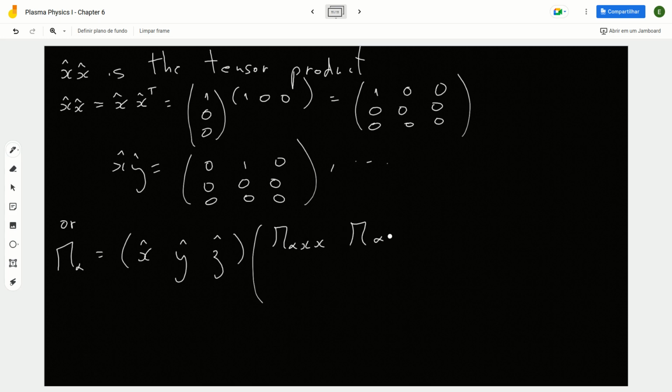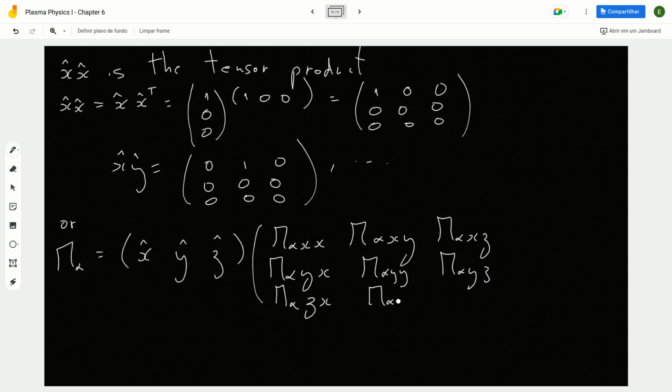Let's do it. Alpha xy, alpha xz, alpha yx, alpha yy, alpha yz, alpha zx, alpha zy, alpha zz, times this, just to make things more complicated.